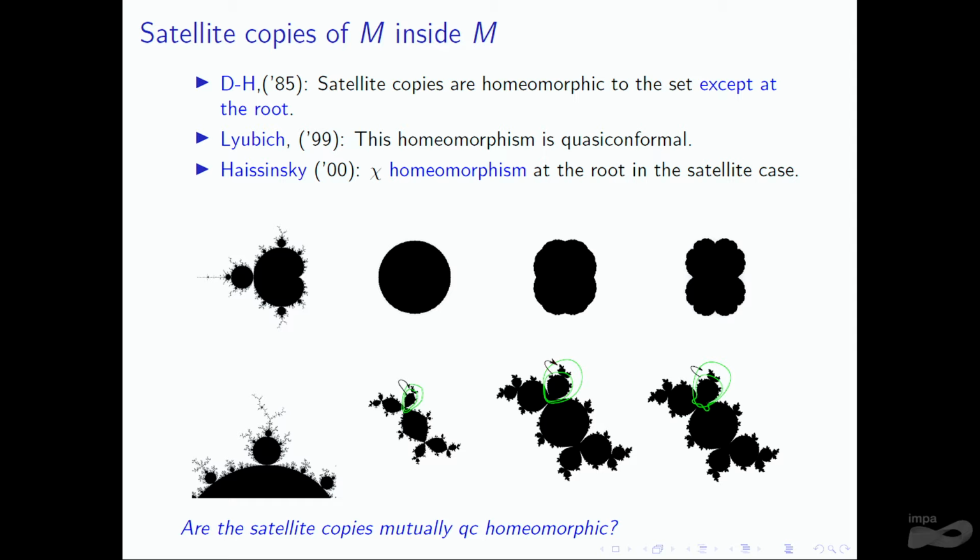So the question that remained is: are the satellite copies quasi-conformally homeomorphic to each other? Why is this the question? Well, the satellite copy doesn't have a cusp, so for sure it cannot be quasi-conformally homeomorphic to the whole Mandelbrot set, because we cannot straighten a cusp quasi-conformally.